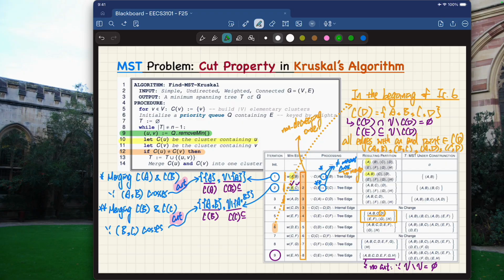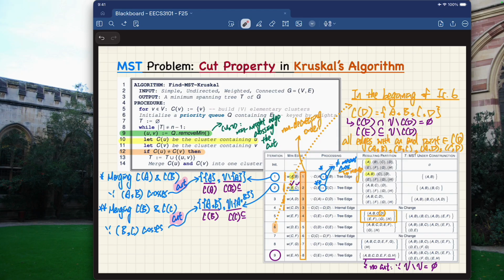So we are basically saying, let me write it down. This one here, UV, is the minimum weight edge crossing the cut.